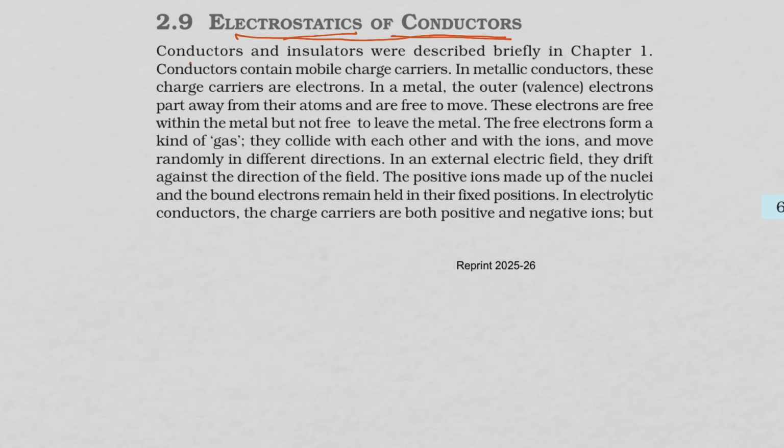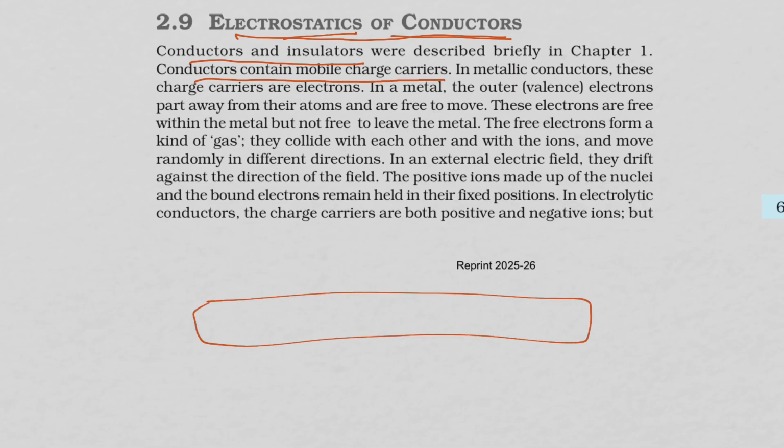We talked about conductors and insulators in the first chapter. And here what we'll focus on is that conductors contain mobile charge carriers. Inside the conductors there are small charge carriers.